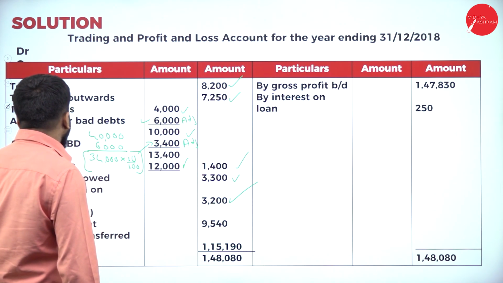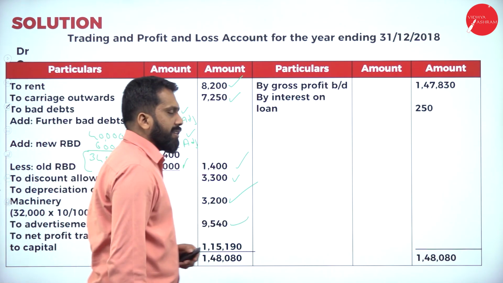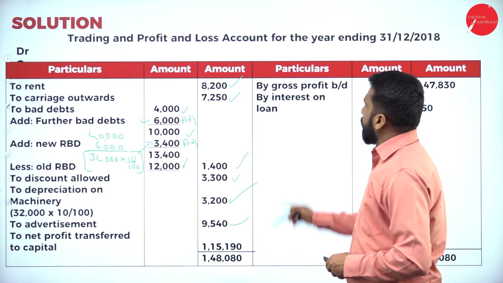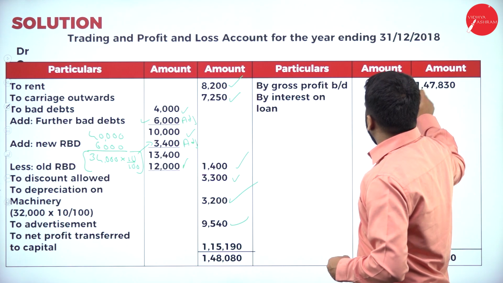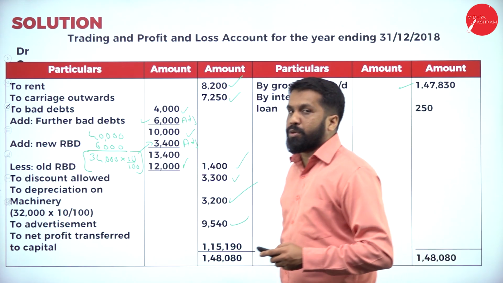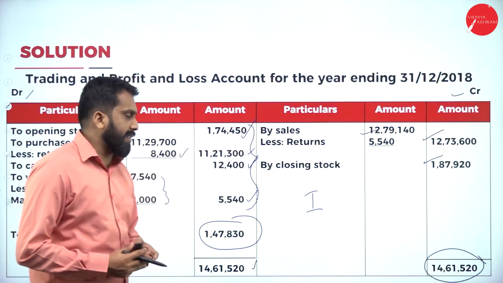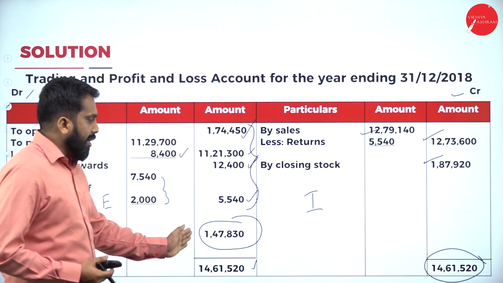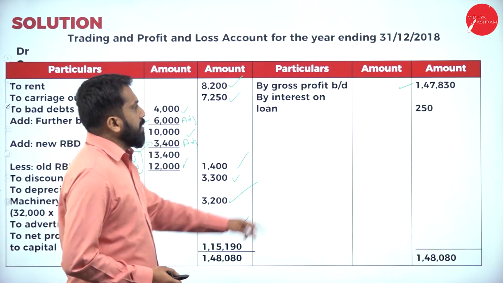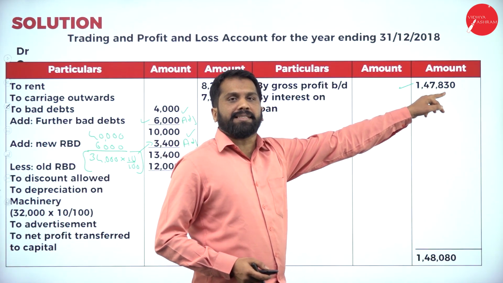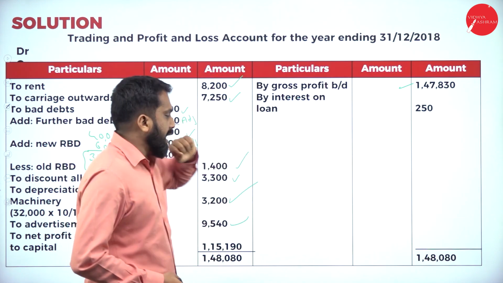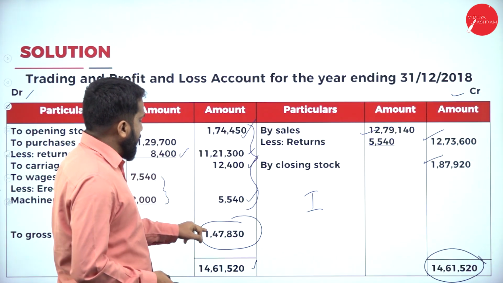Now, last one, your advertisement, we write it directly, 9,540. Now, your credit side, as I told you, whatever profit you got in the trading account, like how much you got? 1,47,830. Opposite side means 1,47,830. Clear? Yes. This we will copy. 1,47,830.